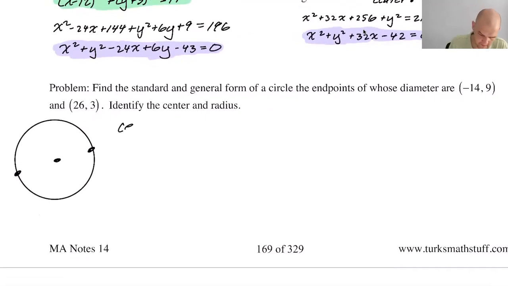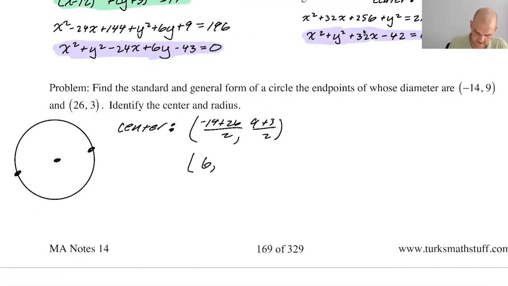So the center is going to be negative 14 plus 26, divided by 2, and then 9 plus 3 divided by 2. So this is 12, so 6, and then 6. 6, 6. Look at that.